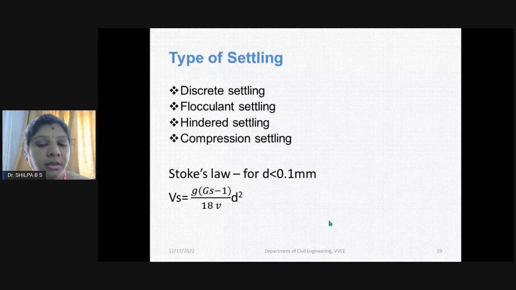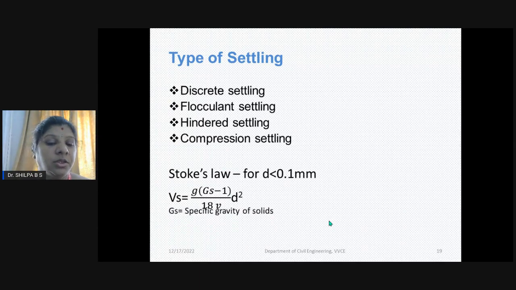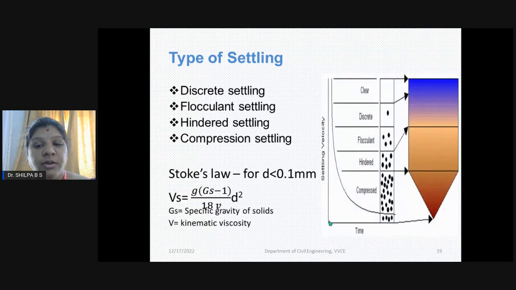For diameter less than 0.1 mm, the relation is Vs = g(Gs - 1)/18ν × D², where Gs refers to the specific gravity of the solids and ν is the viscosity. This is how the various settlings will be.